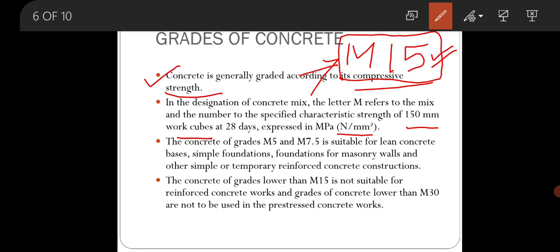And for pre-stressed concrete work, the concrete should not be of grade lower than M30. So these are specified in the code.